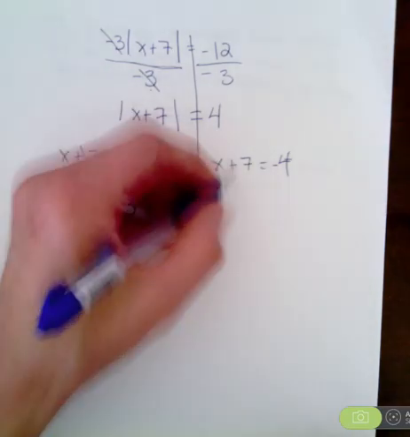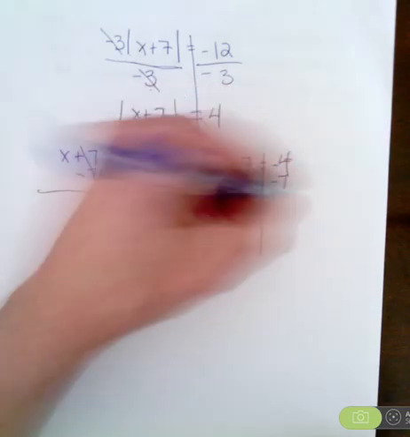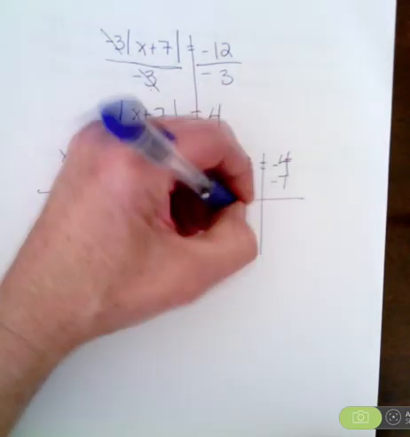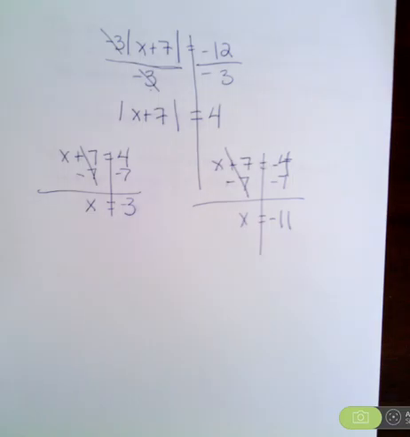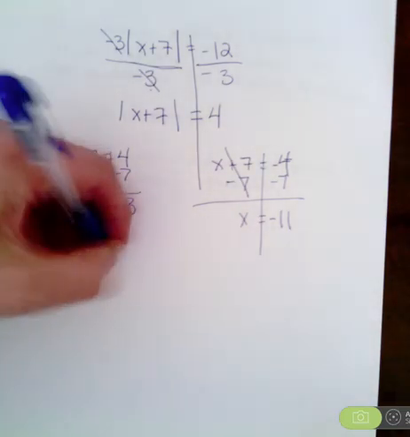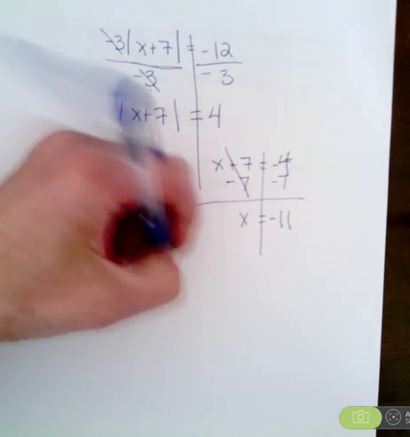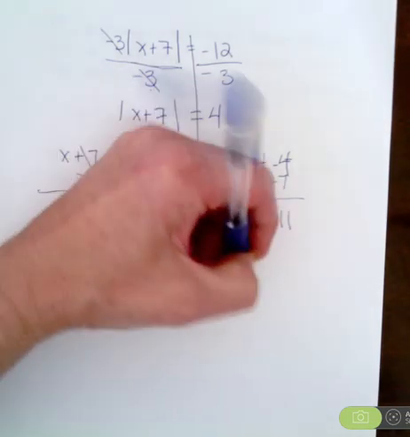And over here, I'm going to subtract 7 from both sides. x is equal to negative 11. So my two possible answers for x are negative 3 and negative 11.